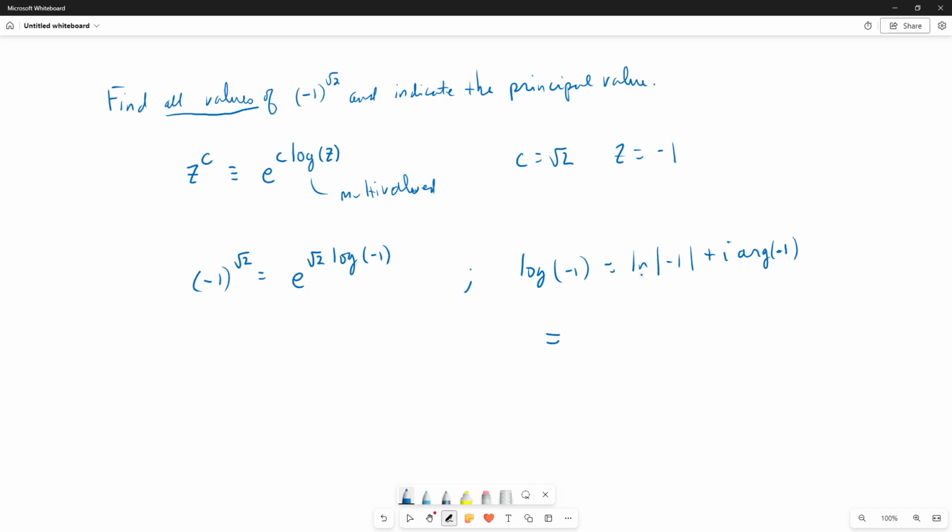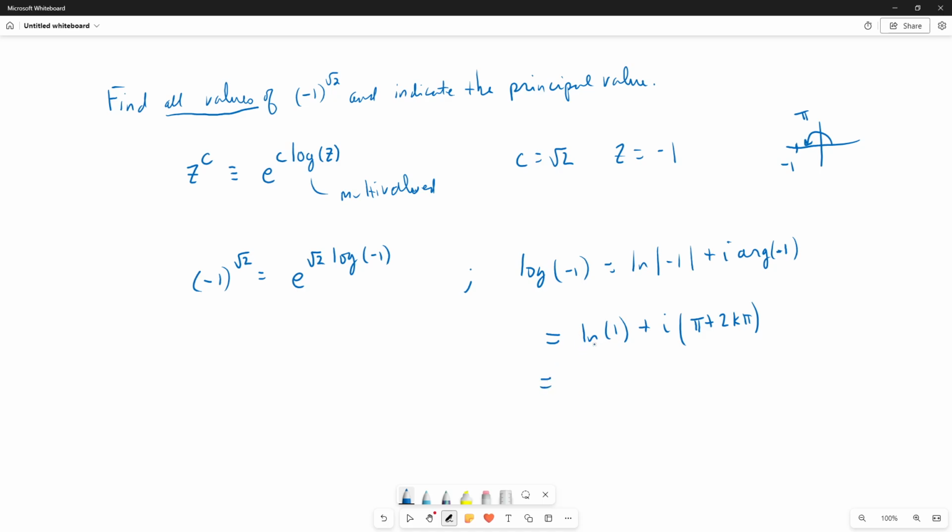So this is equal to the log of 1, the modulus of -1 is 1, plus i times one argument of -1 is pi, -1 being on the negative real axis. It has polar angle of pi, and then there's infinitely many, plus 2k pi.